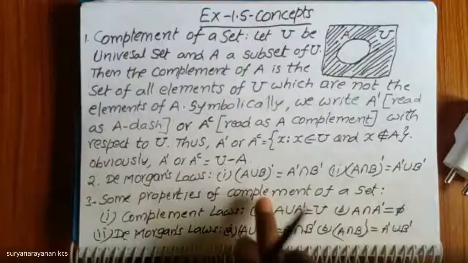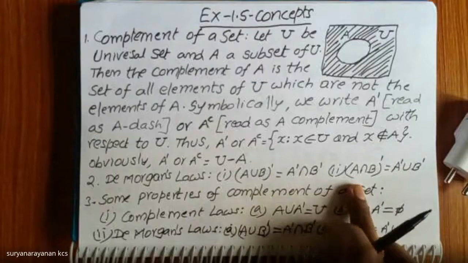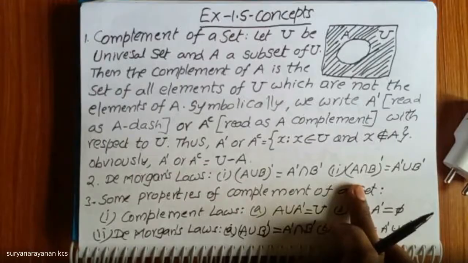Sir, we can't see A union that, sir. Right side. Sir, A union B whole dash equal to A dash intersection B dash. That second one is not visible, sir. Not clear, sir. What about others? It is clear, sir.